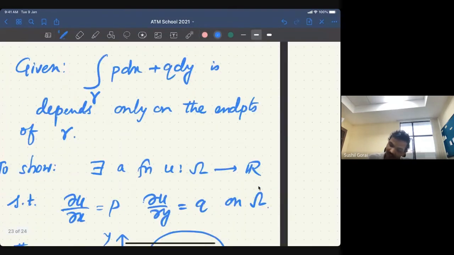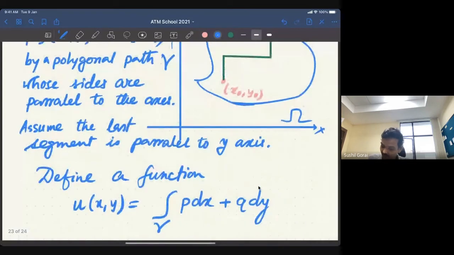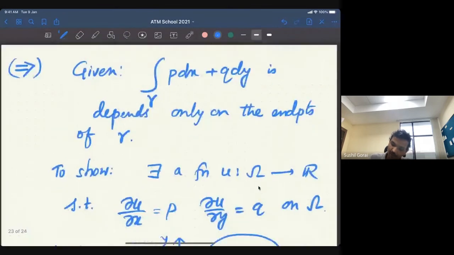So this will have some properties. The first question is whether this is well defined.